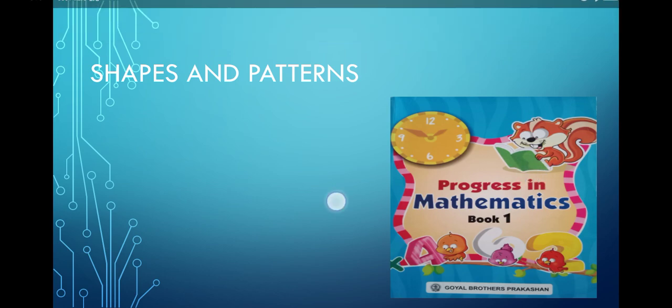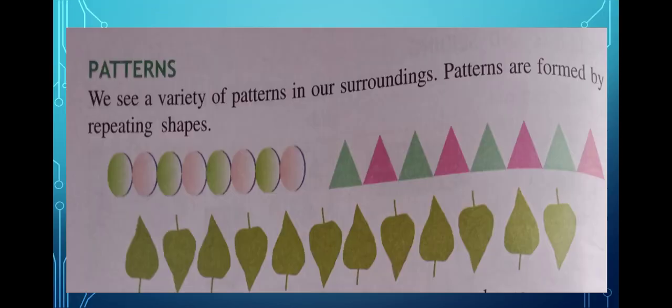All right. From the book I have taken the picture, I'll be showing you. See, these patterns are formed by repeating shapes. These are circle shape, oval shape. It's repeated: green, then pink, green, pink.